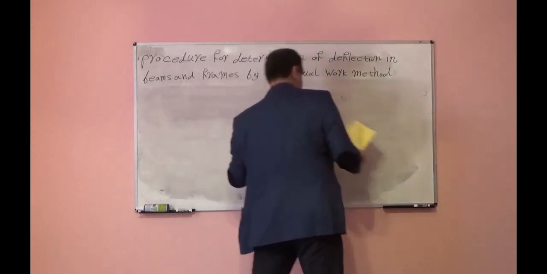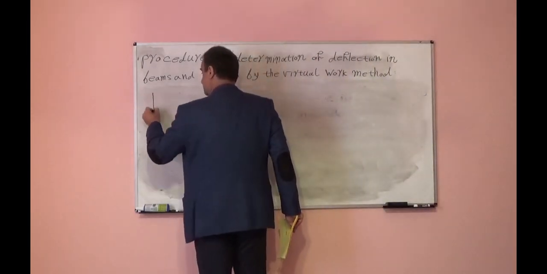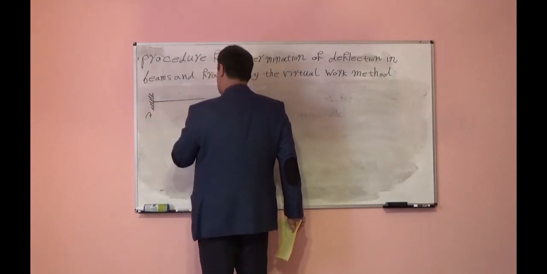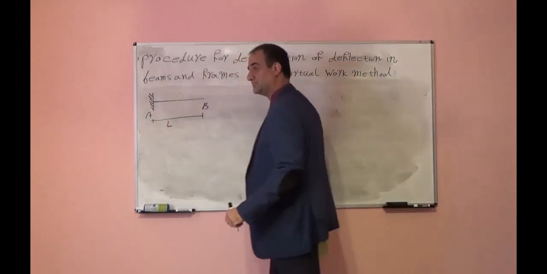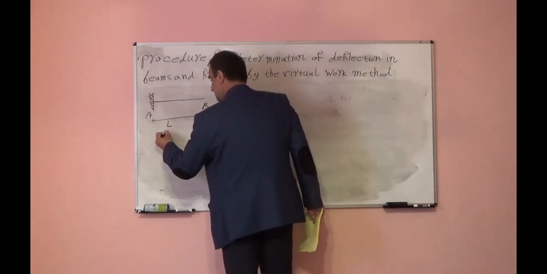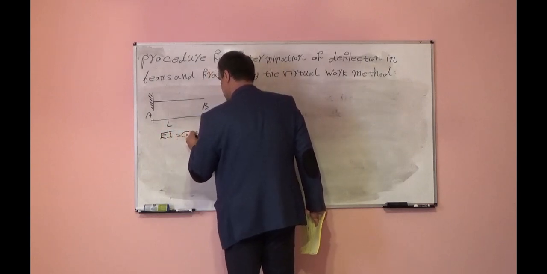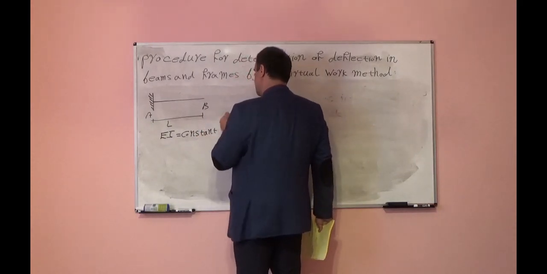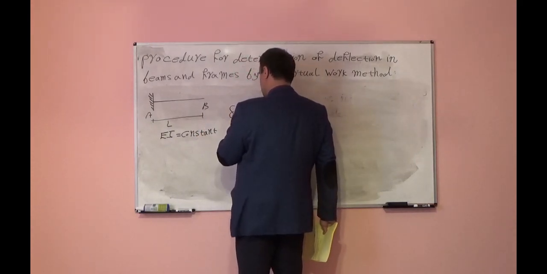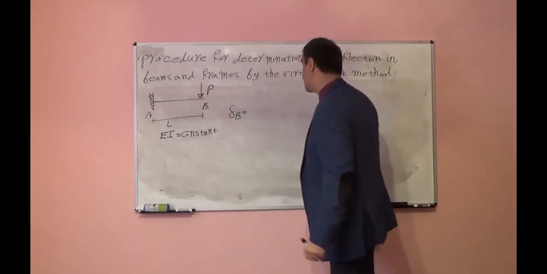So we have cantilever beam, point A, B, the length is L, EI is constant. We want to find delta B under concentrated or point load at point B.